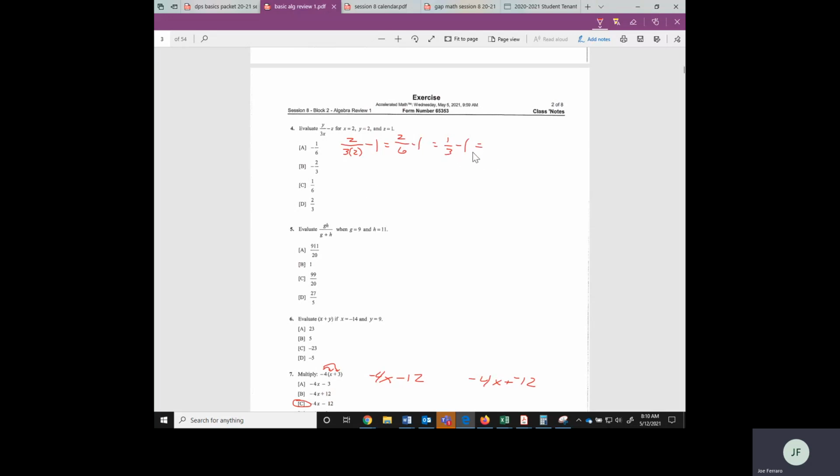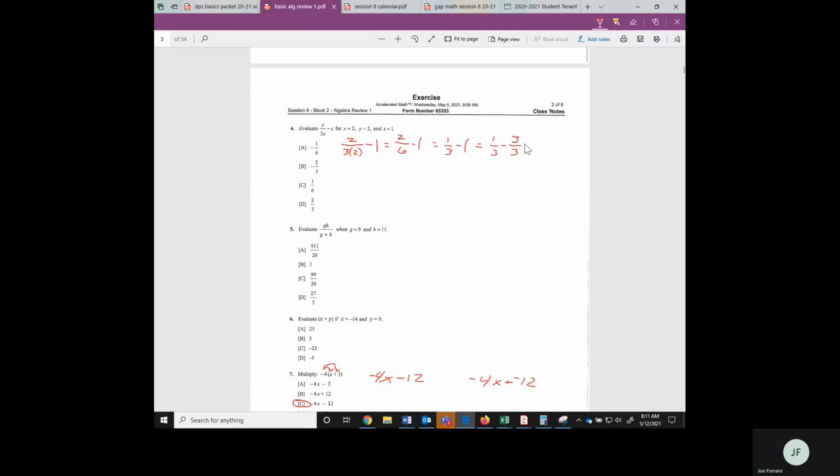Now, if we're adding or subtracting, we need common denominators. So on the bottom, the denominator is 3. Again, if this isn't making sense to you, you'll do it the other way in a second. Minus 1, and we need a common denominator, so we need 3 on the bottom. Well, this is like 1 over 1. If I get 3 on the bottom, I should have 3 on the top.